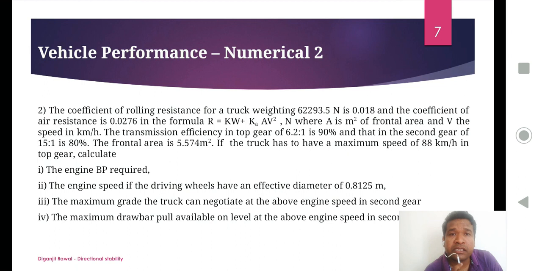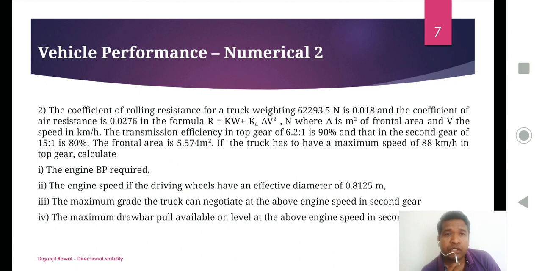The givens are coefficient of rolling resistance, that is 0.018, then truck weight 62,293.5 Newton, coefficient of air resistance Ka is equal to 0.0276, and capital A is given 5.574 meter square.